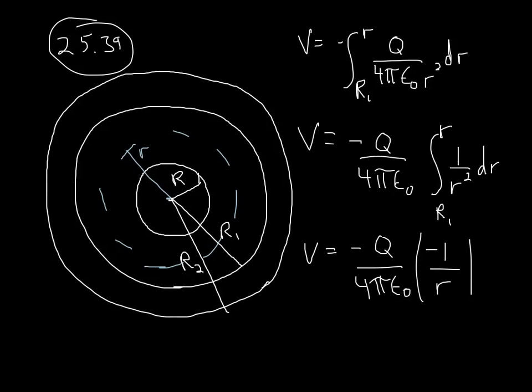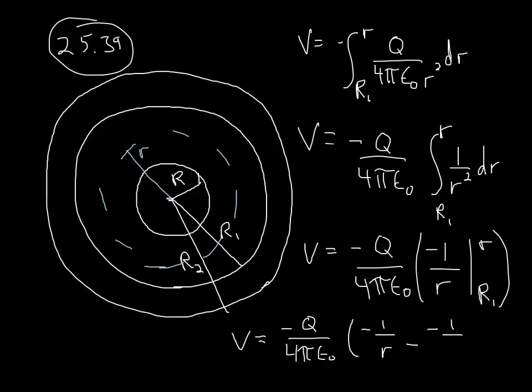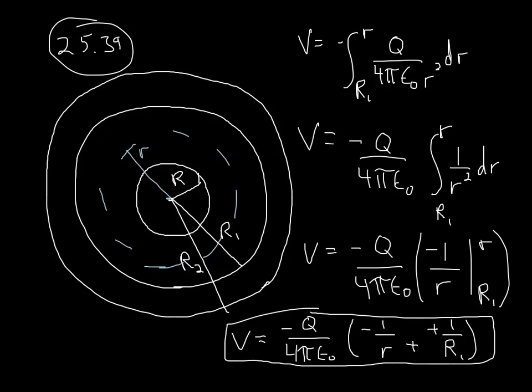And we need to evaluate this at our endpoints r1 and r. So we do V is equal to negative q over 4 pi epsilon naught. Our constants are still out there, and we evaluate at our endpoints. So we have negative 1 over r minus our initial position, negative 1 over r1, which becomes a plus. So this is our final answer for our potential: negative q over 4 pi epsilon naught times negative 1 over r plus 1 over r1.